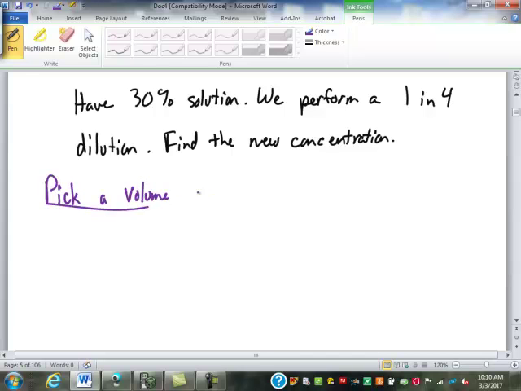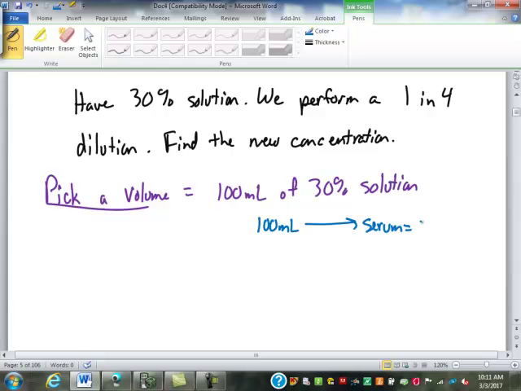To make it easy on ourselves, I'm just going to pick 100 milliliters of the 30% solution. So in that 100 milliliters, it contained an active ingredient, a medication, serum, equal to 0.3 times 100 milliliters, or 30 milliliters of serum.